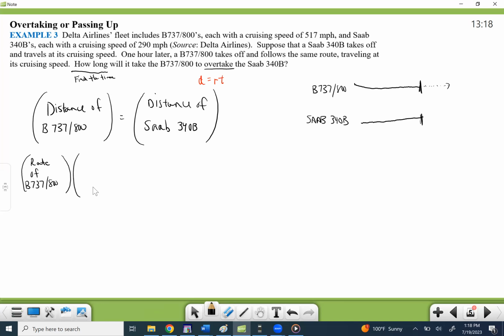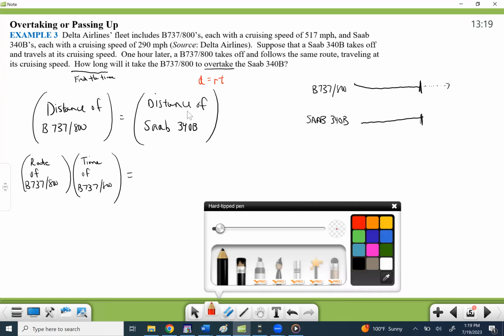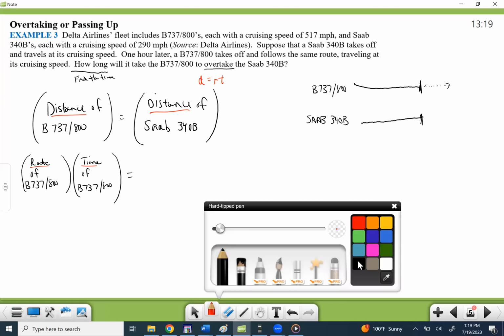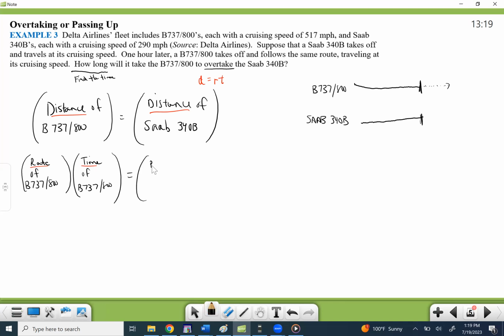We're going to need the time. All right, over here, same thing. What are we going to replace the distance with? We're going to replace the distances with rate times time. So we're going to need another rate times time. But this time, the rate of the Saab.